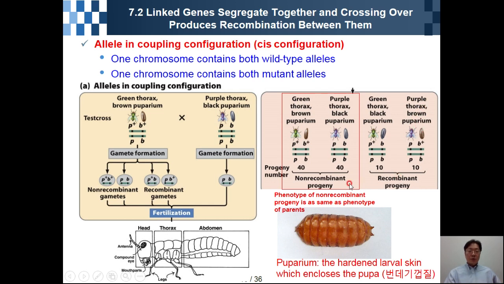So when the phenotype of the non-recombinant progeny is the same as the phenotype of the parents, in this case we call it the cis configuration. Okay.